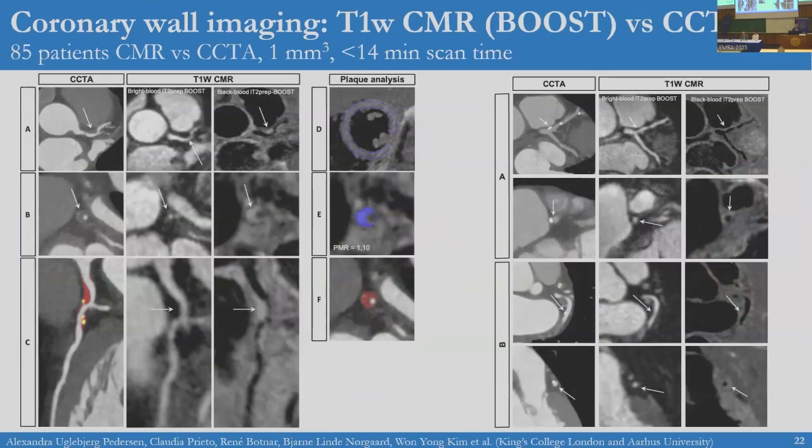This slide also has been shown already. If you compare against CT plaque imaging, on the CT you see the calcification extremely well, whereas on the MR scan, you have higher sensitivity for soft plaques. So in row B, I can't point to it here, this one, you can visualize the plaque on this boost sequence.